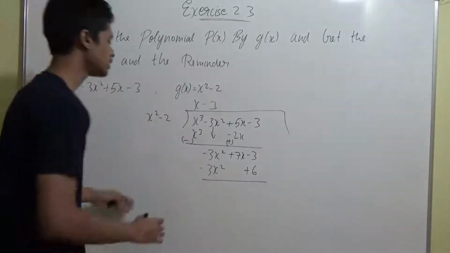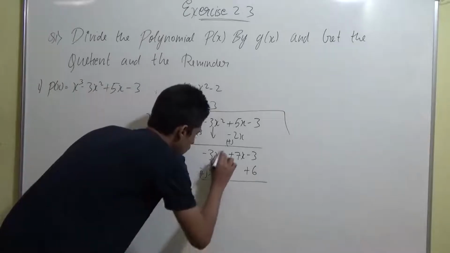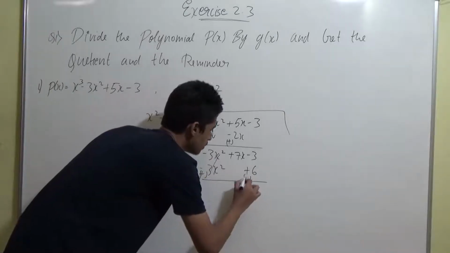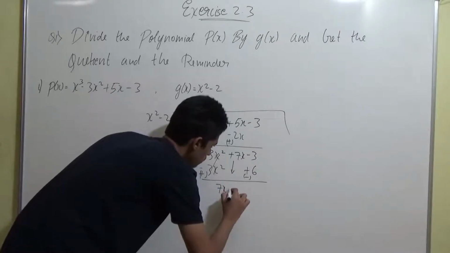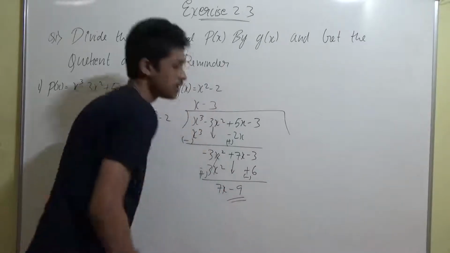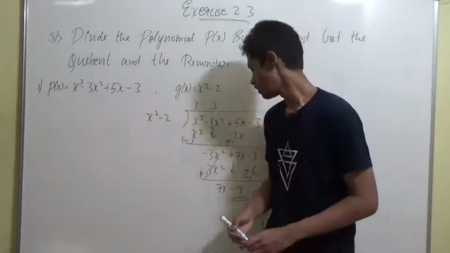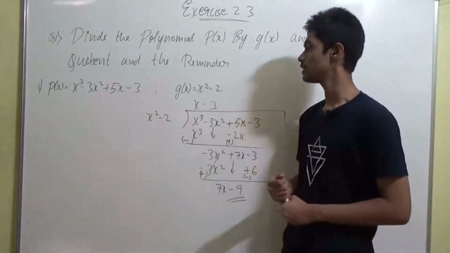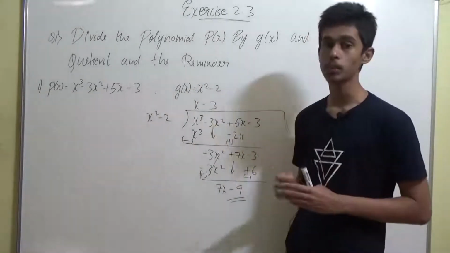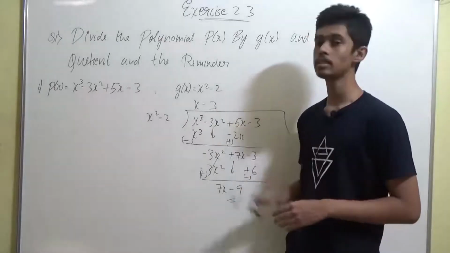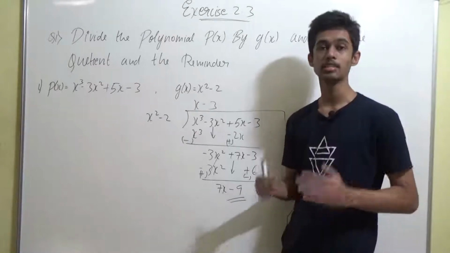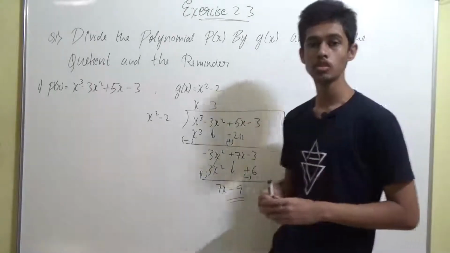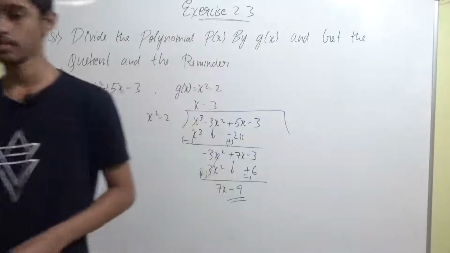Now if you add all this, it becomes 7x minus 9. So in this question, guys, that's the first sub question of your first question, we have got the quotient as x minus 3 and we have got the remainder as 7x minus 9. You can take the screenshot of this question, guys.